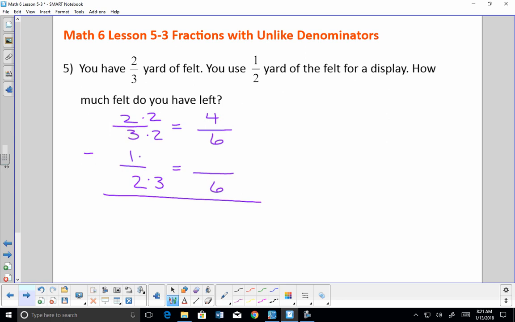So I now have 4/6 minus 3/6. 4 minus 3 is 1, so I have 1/6 yard of felt left over. So that's what I need to write for my sentence. You have 1/6 yard of felt left.